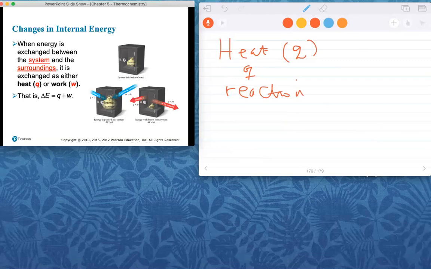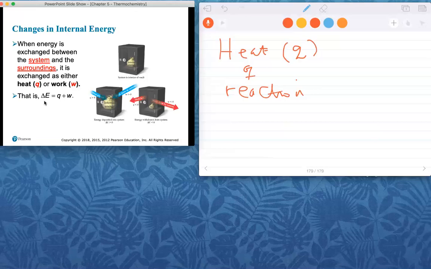And then there is work, W, which means when energy is converted into another form, the energy can be converted into work. For example, the mechanical movement of your car, the work is being done.